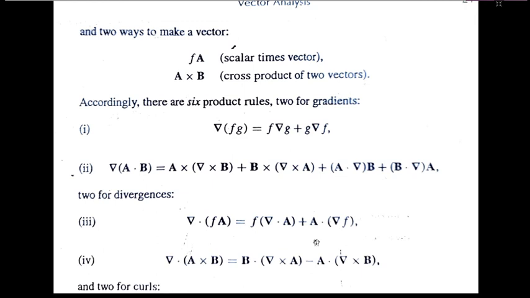Anyway, the last page of my lecture is summarized with another two rules and a few fundamentals. So del cross f a is written as f of del cross a minus a cross gradient of f. So that is something like this, and del cross a cross b, and again there is del cross f a.